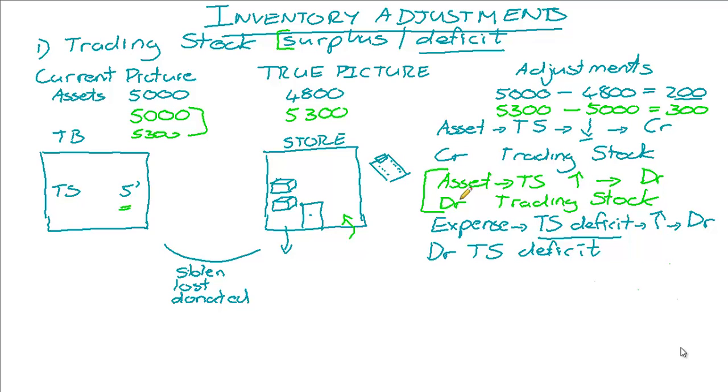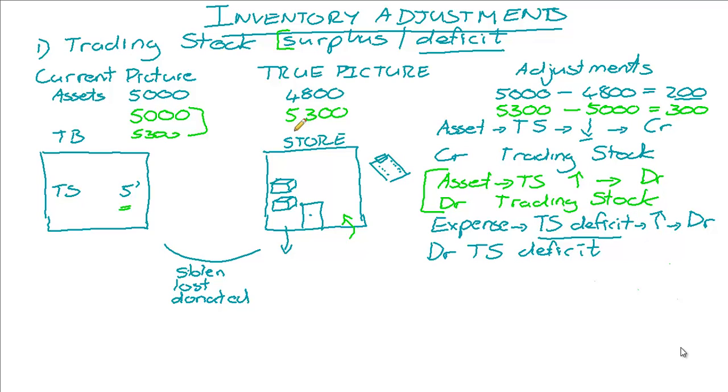As we know, for every debit there must be a credit. So in this case, because we've gained in our asset, we've gone from 5,000 to 5,300 Rand. The reason for that may be a number of things. There may have been some goods that came in that we never recorded, or some goods returned by customers that we never recorded, or some other reason.